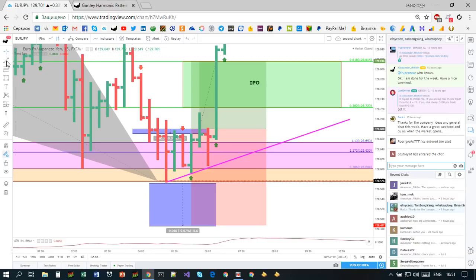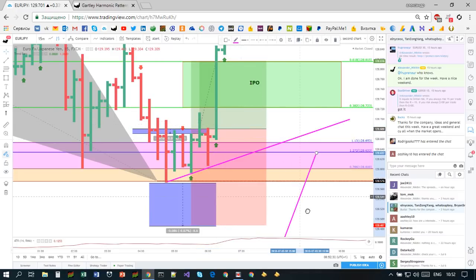How can we draw it? We simply draw it this way, like this. This is very important: the acceleration trend line should only be drawn after the IPO is hit, after this zone is hit.